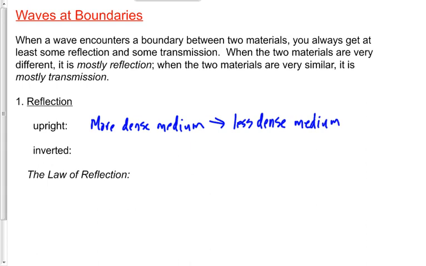In the demonstration that you saw, when the wave went from the slinky to air, we found that most of it was reflected right side up. It was reflected inverted, or upside down, when it went from the slinky to Rutger's hand, when it went from a less dense medium to a more dense medium.